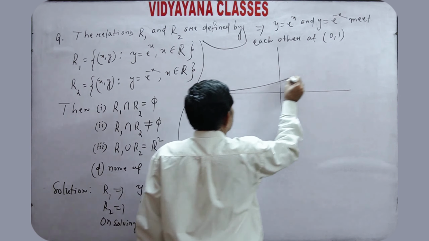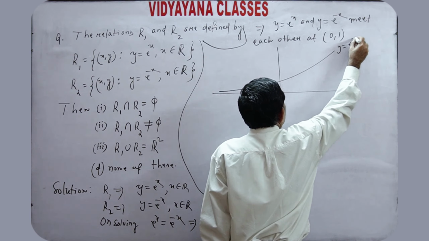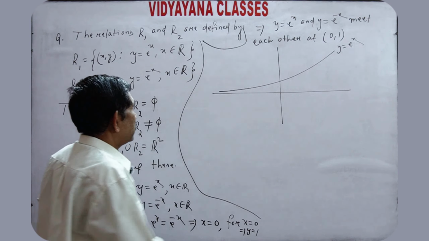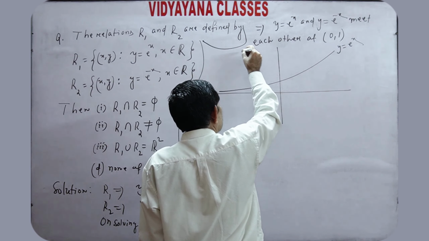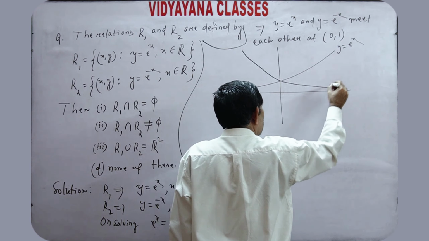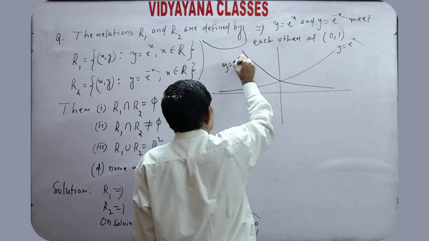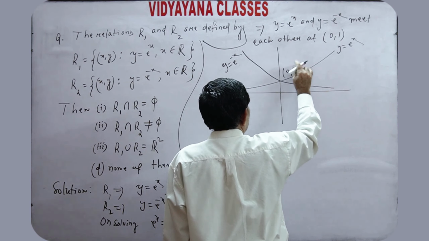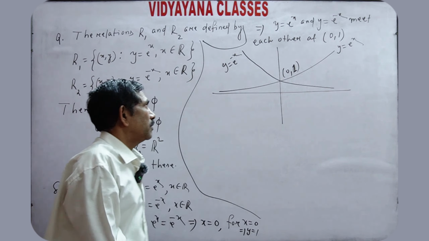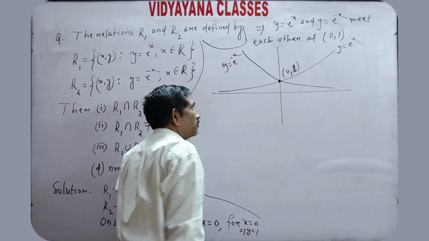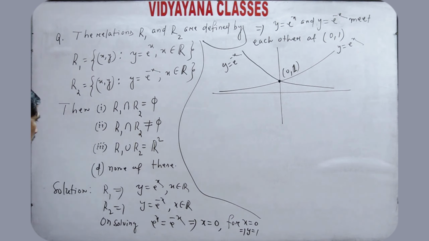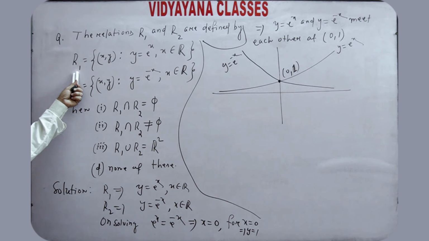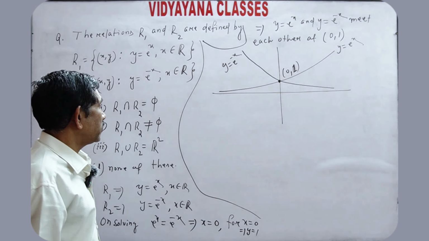It is the graph of y is equal to e to the x. Here, if x increases, y decreases. So its graph is y is equal to e to the minus x. It is the point of intersection of two curves. This point is the common point for both curves. In relations R1 and R2, there exists a common point, that is (0, 1).